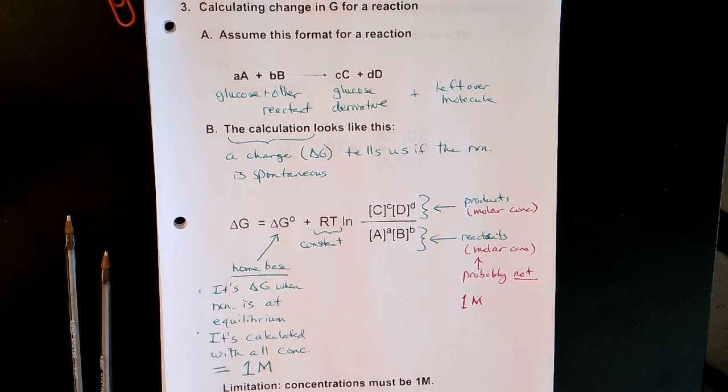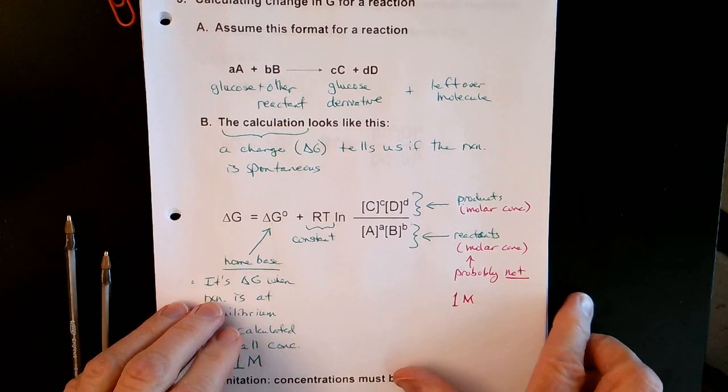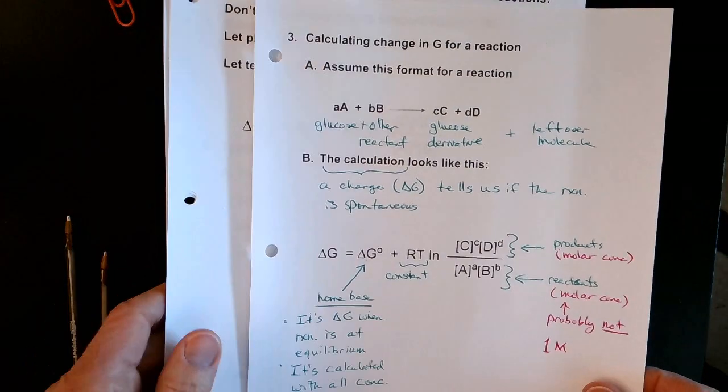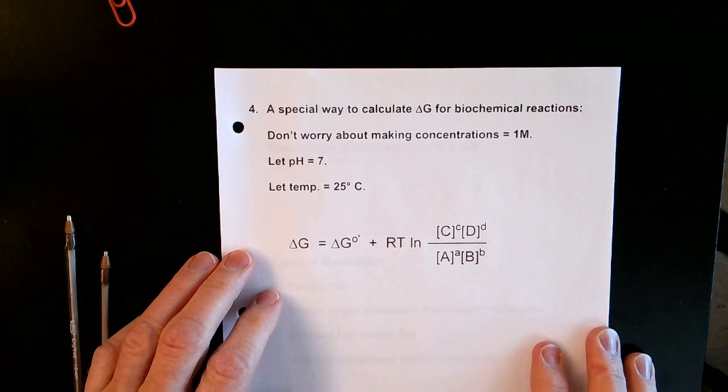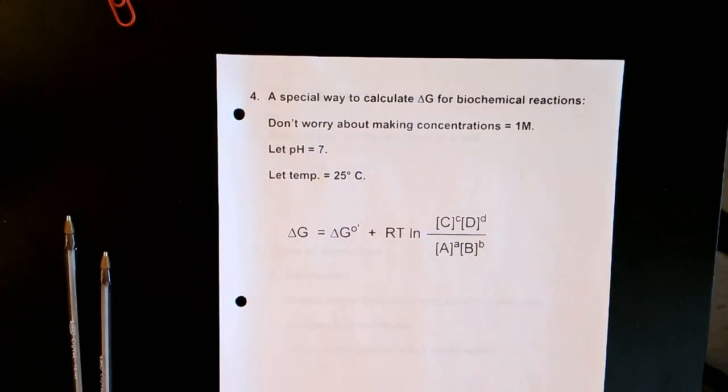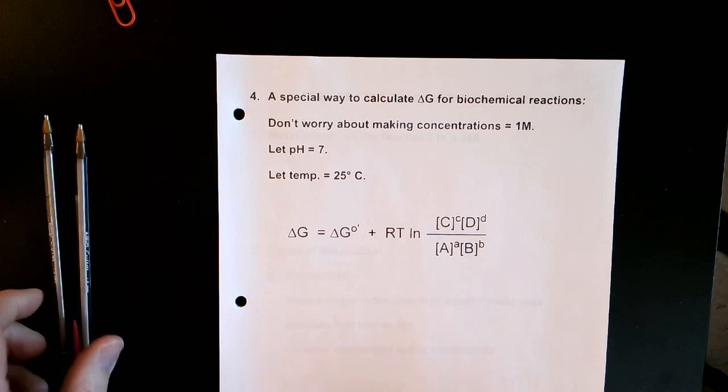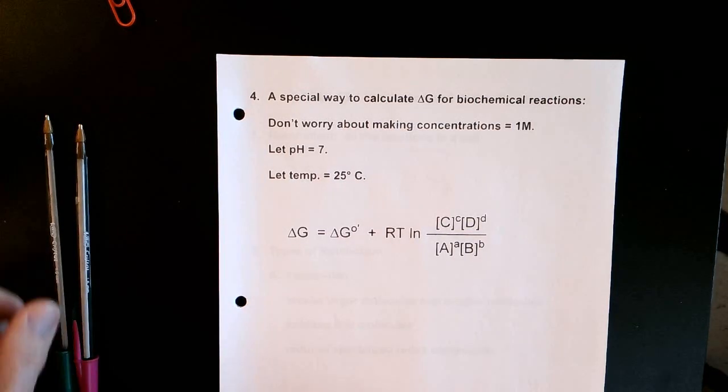Okay, now the biological world is going to be at a special set of conditions: body pH, body temperature, the conditions that we care about, because we want to know what happens chemically under biological conditions. So here's how we would do this for biochemical reactions. This is a special version of that other formula, and it's more useful for what we care about.